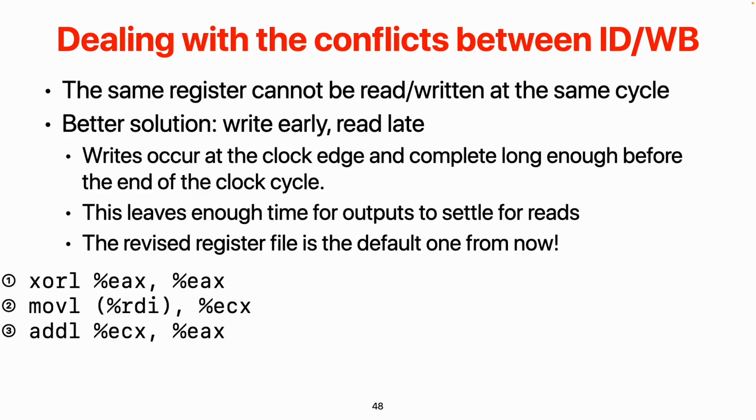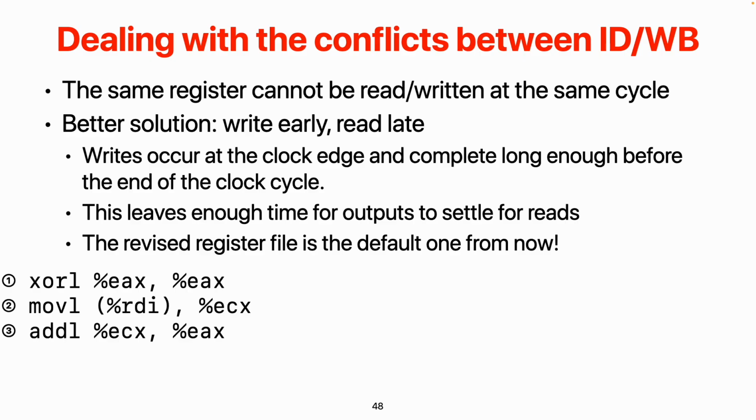Sometimes I can tell my roommate, okay, let me do the washer first, and once I'm done with the washer, you can use it. The same thing here for the register file: I can have the earlier instruction perform the update in the first half of the cycle because register update is really fast.